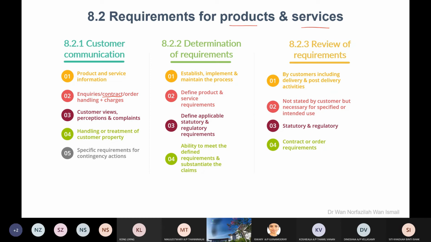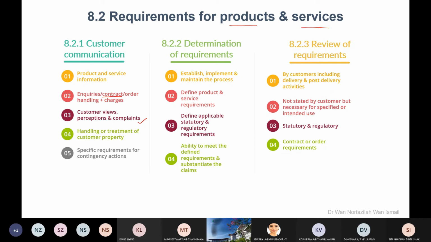And of course, not everyone likes us, right? So there will also be customer complaints. Okay, not necessarily because they dislike you. Sometimes customer complaints are because your product has something wrong. Maybe last time they bought the shampoo and it gave a lot of foam, and suddenly next month they buy it and it is not the same as before.